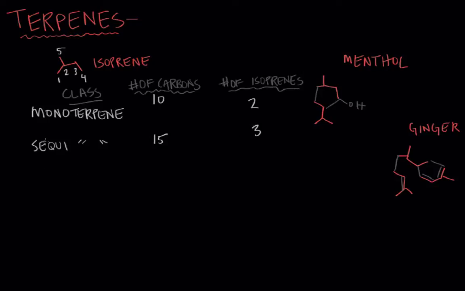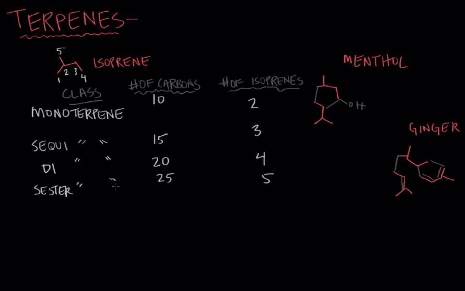If you added another isoprene unit to that, you'd have a diterpene. It would have 4 isoprene units making 20 carbons. It's called a diterpene because it's really just 2 monoterpenes put together. Then you could add another one, and that would give us 5 isoprenes for 25 carbons, and that would be a sesterterpene.